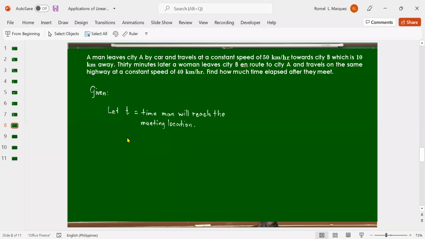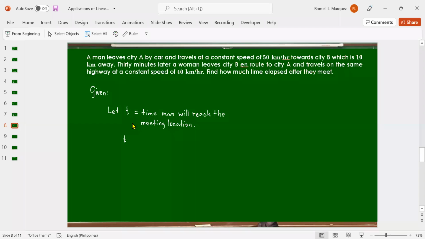So, the woman, when will she reach it? If T is the time the man reaches the location where they will intersect, I mean where they will meet, they will pass each other, with that assumption.